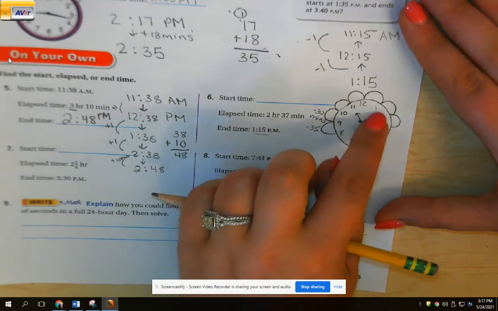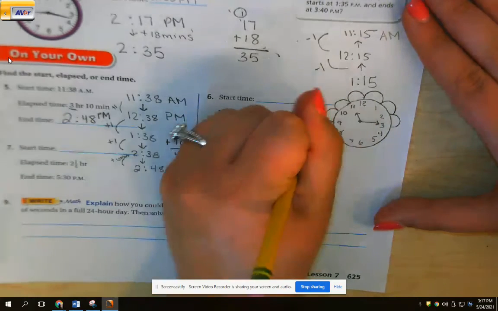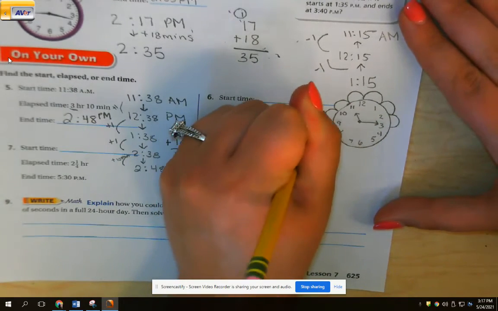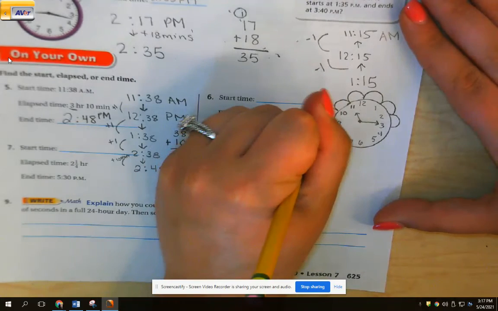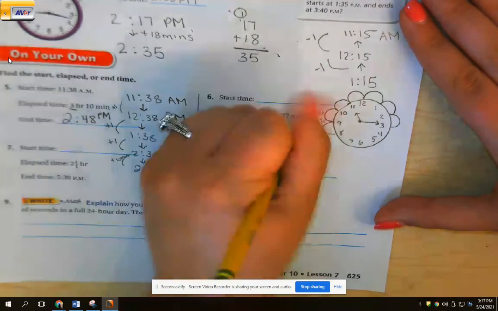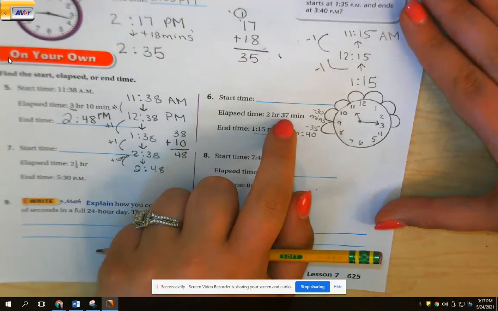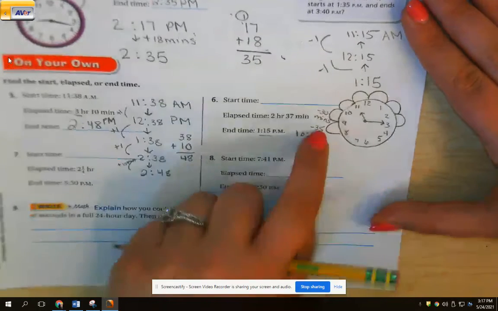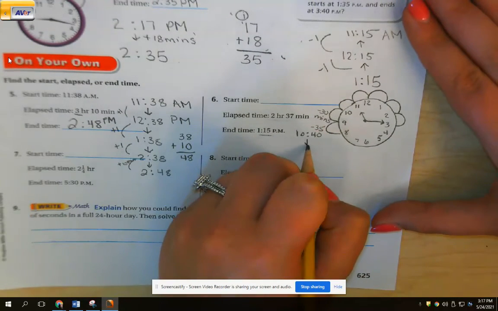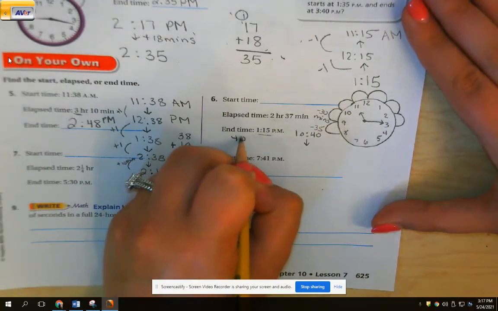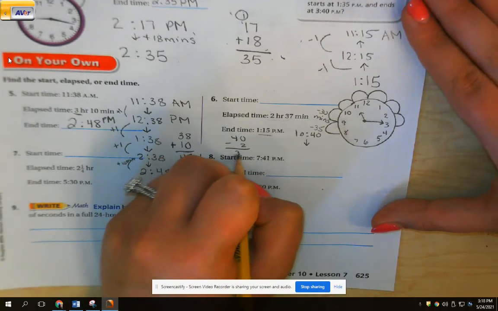So since we're going backwards, if we took away 35 minutes, it would be 10:40. But we're not done yet because they took away 37, not 35. So we need to take away 2 minutes from 40. 40 minus 2 is 38.